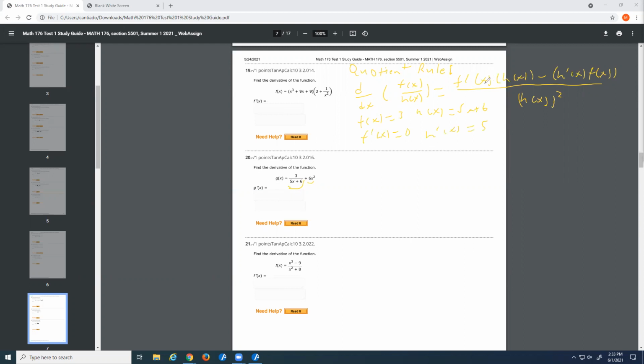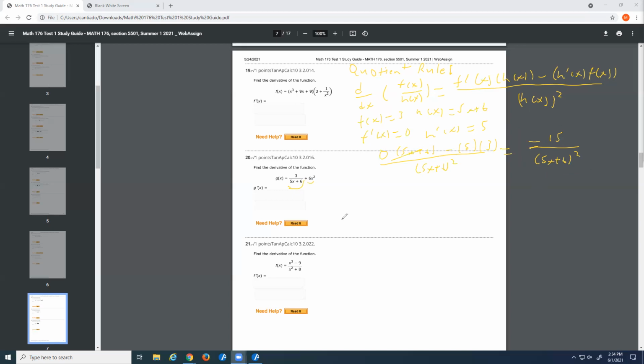We'll have 0 times our original h of x, so 5x plus 6, minus h prime of x, which is 5, times our original f of x, 3, all divided by h of x squared. So 5x plus 6 all squared. This term goes away, and the minus 5 times 3 is going to be minus 15, all over 5x plus 6 squared. Like that.